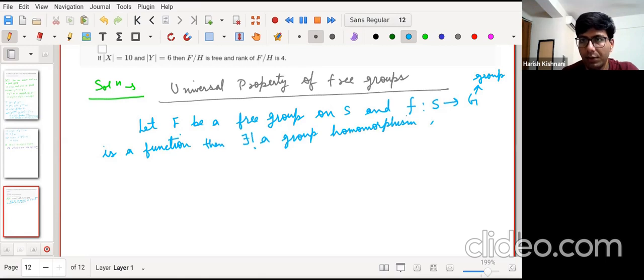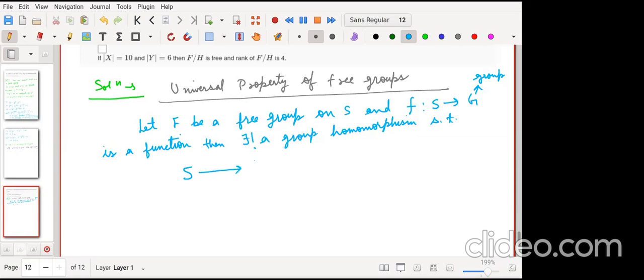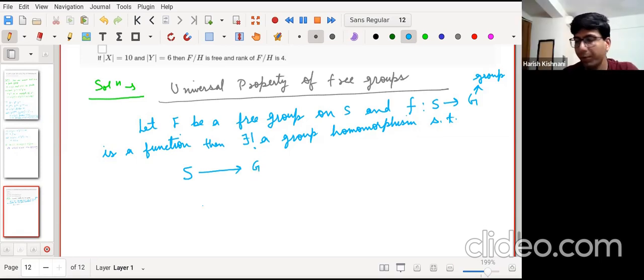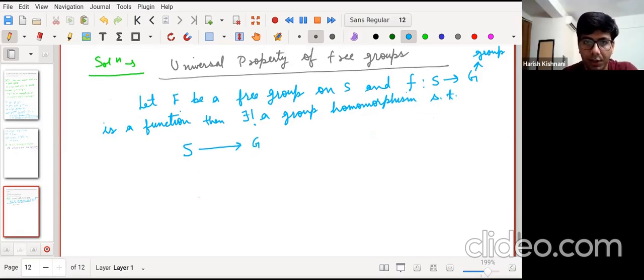Here I'm using S notation; you might be following the same notation as the lecture. So it is the free group over S, which here I'm denoting by F.